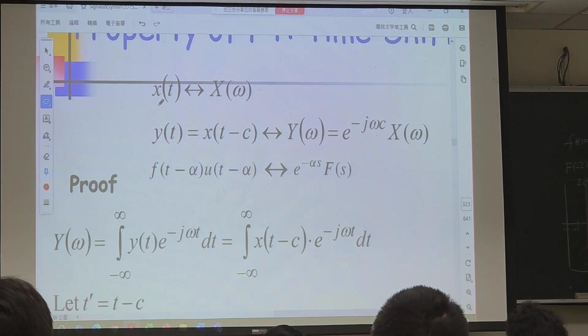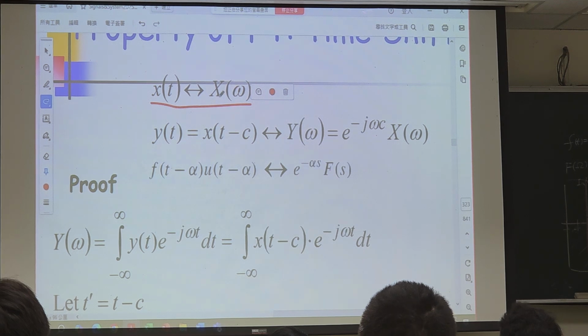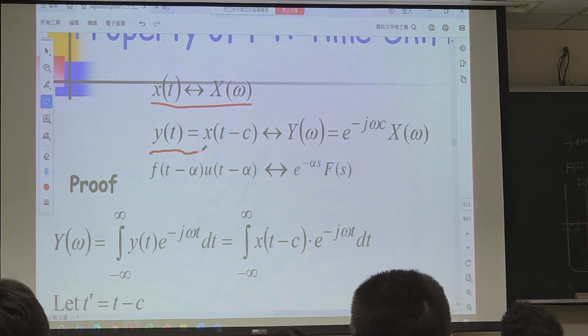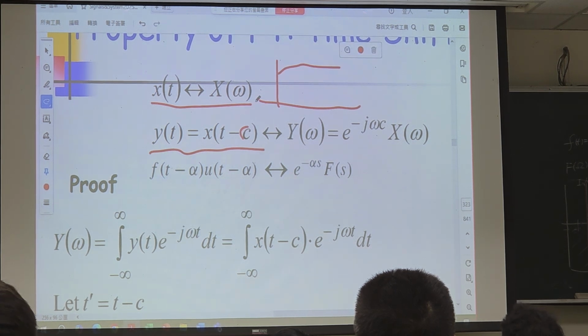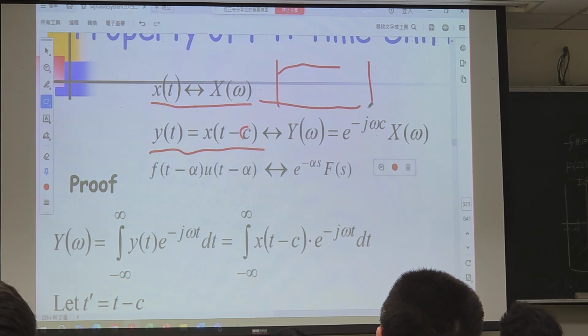Suppose I have a function x of t, and the associated Fourier transform is capital X of omega. Now if I define another function y of t equals x of t minus c, so it's the time delay. Suppose I have an x of t like this, for example, and then y of t will be c seconds delay.